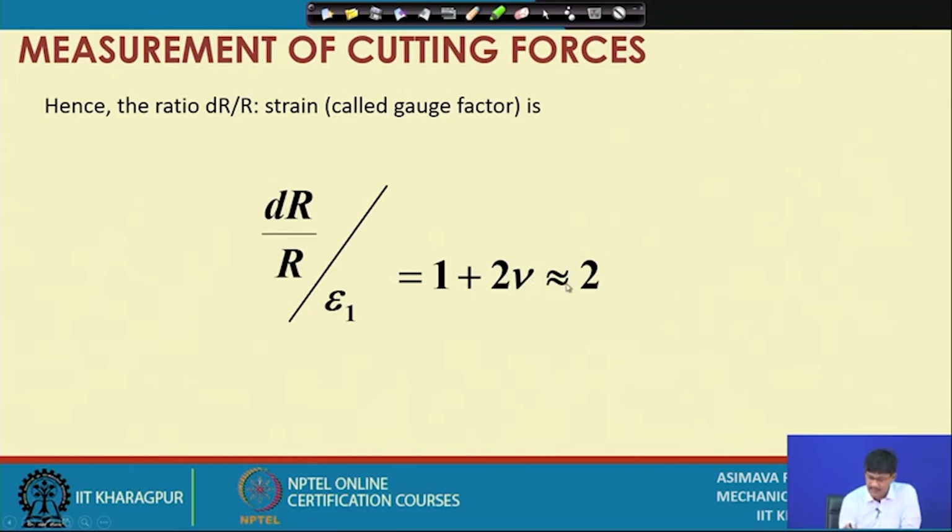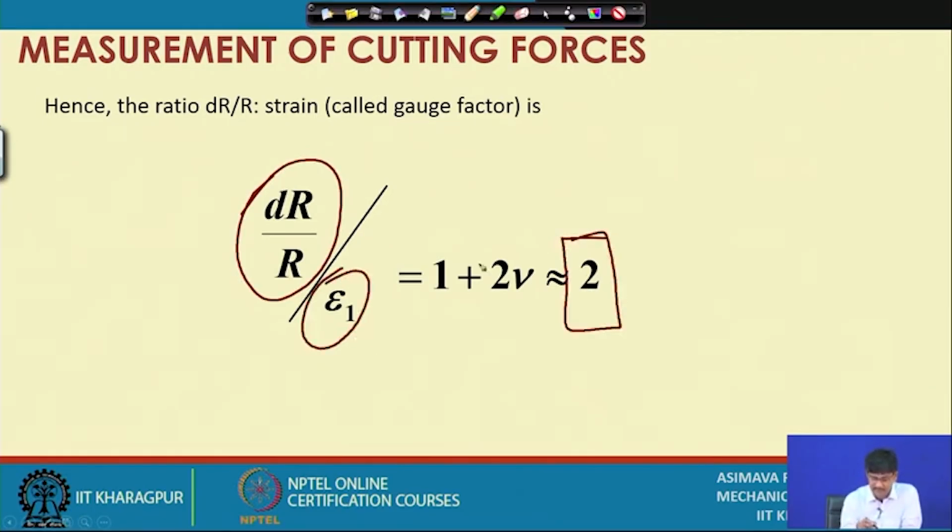That can be assumed to be equal to 2, which means that change in resistance per unit resistance divided by strain is actually a constant. These two things are proportional.